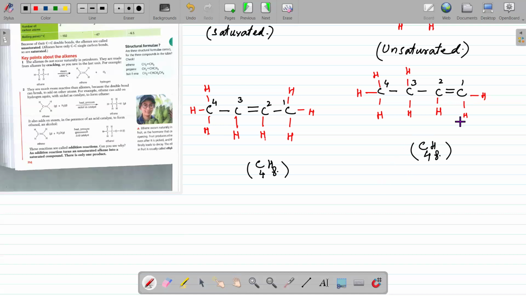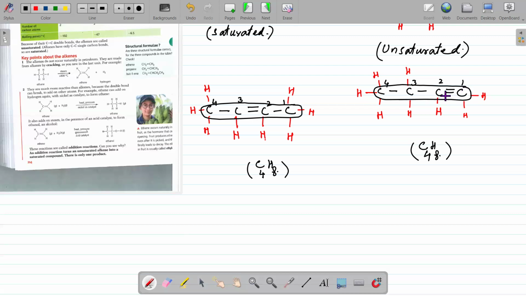Remember, when we talk about the position of the double bond, we have to number the chain of carbon atoms, right? This one also has a double bond. And how do we number the carbon atoms? Remember, we start the numbering from the end where the double bond is nearest.